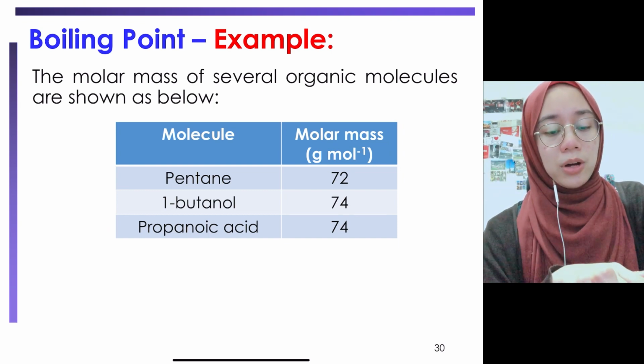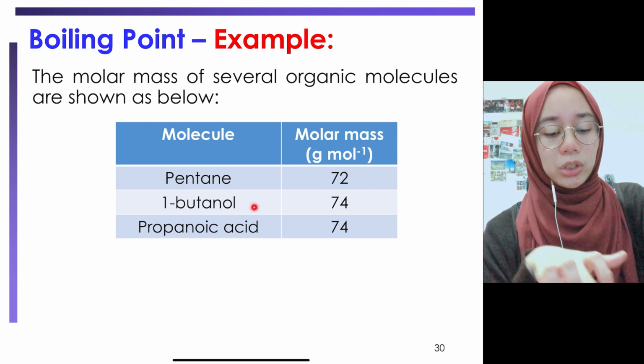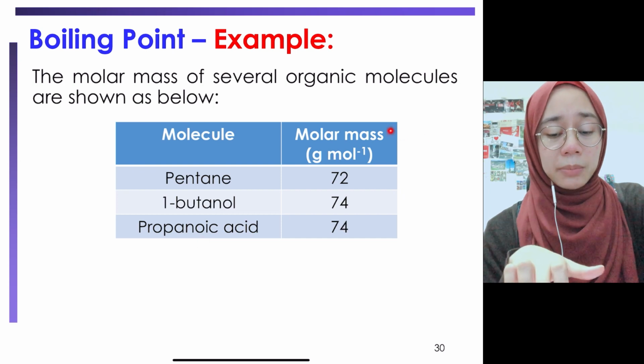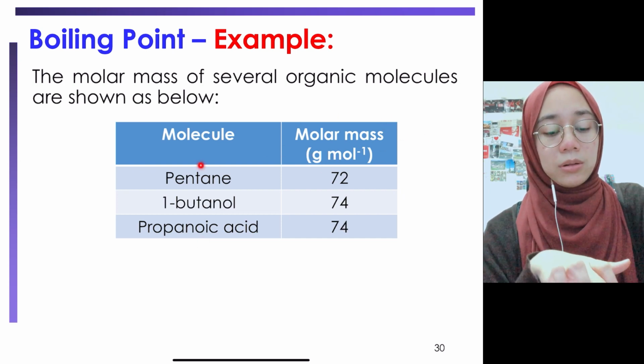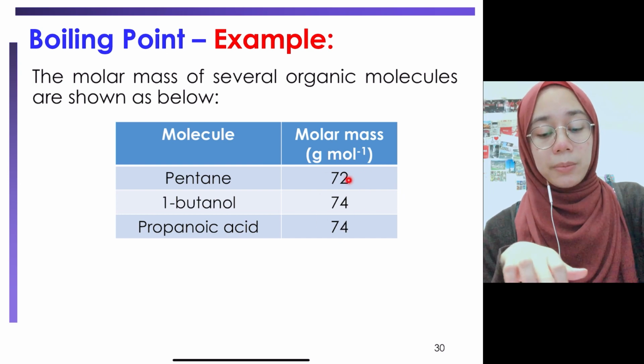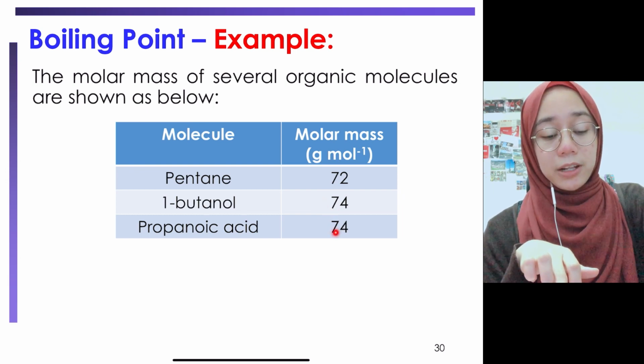Okay, so the molar masses of several organic molecules are shown as below. So you are given 3 different molecules here with different classes of compound. One is alkane, this is alcohol, and this is carboxylic acid. But as you can see, the molar masses of all of these 3 molecules are similar to one another, whereby pentane is 72 gram per mole, 1-butanol is 74, propanoic acid is 74.